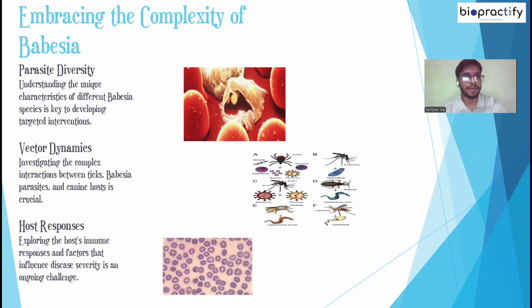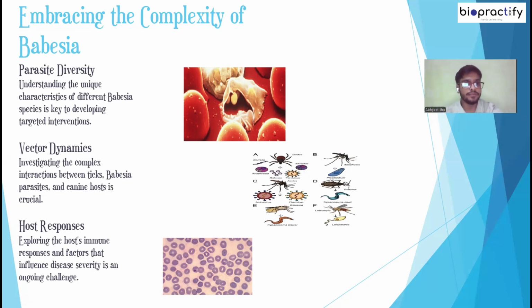Our last topic: embracing the complexity of Babesia. There are 3 points: parasite diversity, vector dynamics, and host response. Parasite diversity: understanding the unique characteristics of different Babesia species is key to developing targeted interventions.